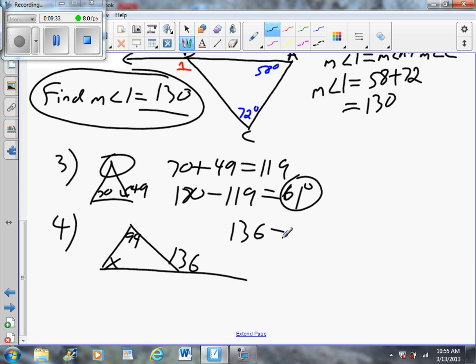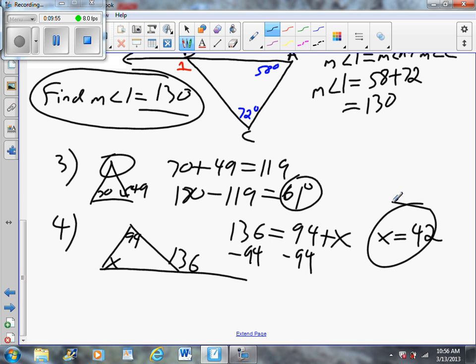So I know that 136 is going to be equal to 94 plus X. So subtract 94 from both sides. And what you're going to get, 136, now I use a calculator, don't do this in your head. You're going to get X equals 42 on this. That's how these work. So please use a calculator. This is not hard math to do, but it is easy to make a careless mistake on.